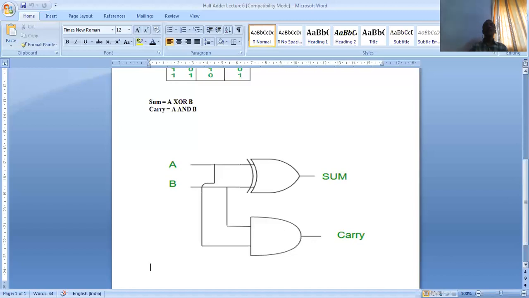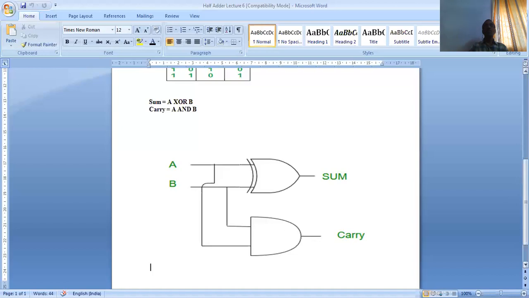And in the last case, the input is 1 plus 1, the output is not 1, it is 0. Do you understand? That is the working of XOR gate. See again.